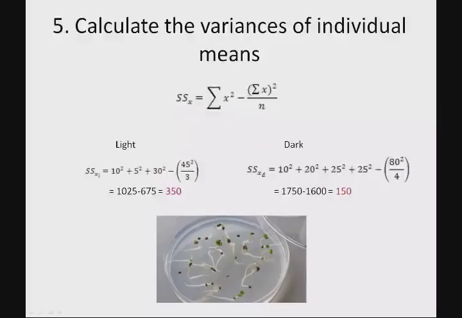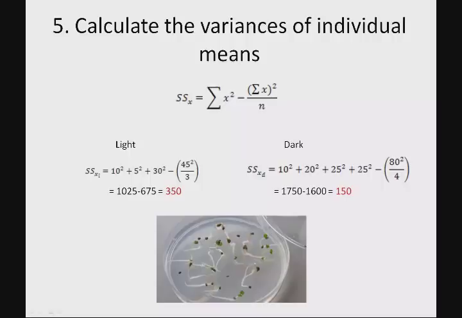Now we need to get some idea of the variability in the system, and so the next thing to do is calculate the variances of the individual means. And this is done by summing the squares of the data, and then subtracting the squared sum divided by the total number of observations. Again, I wouldn't expect you to remember these things. It's the principle that you're calculating the variance and getting some idea of the individual variance.